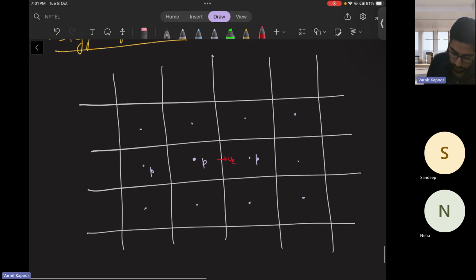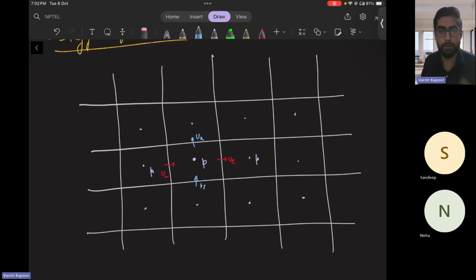Suppose this is u east, u west, v north, and v south. So that means we have two control volumes, one for velocities as well as one for pressure.